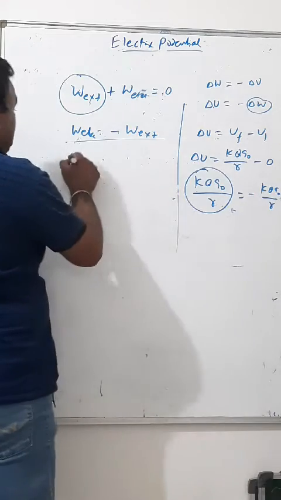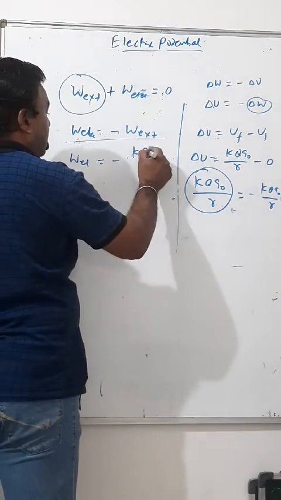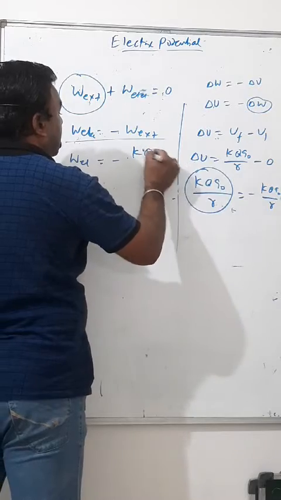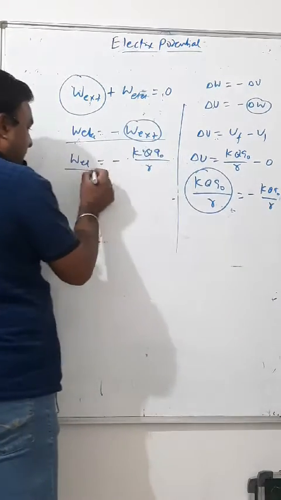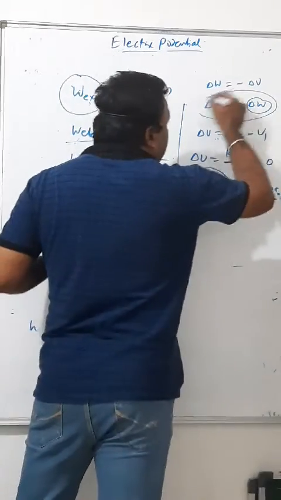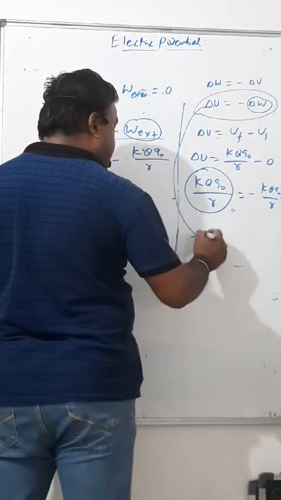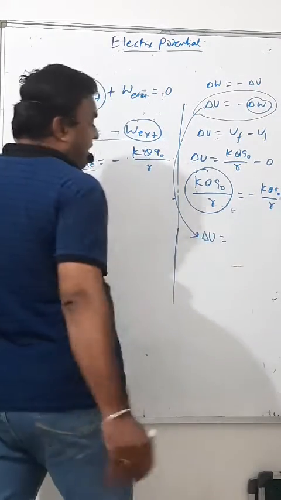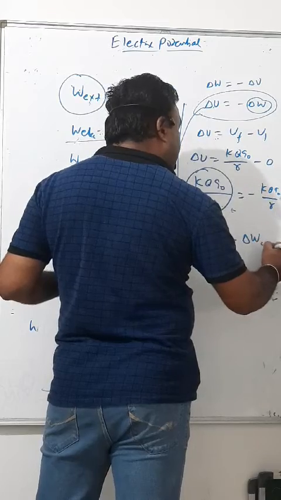W external is q q naught by r. This is external. Then the electric force work should be negative of it. And in this equation, now let me make it very clear. Potential energy, minus delta W, the conservative force.